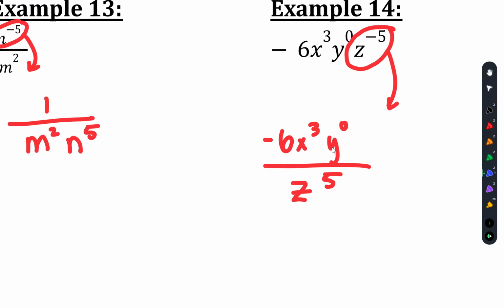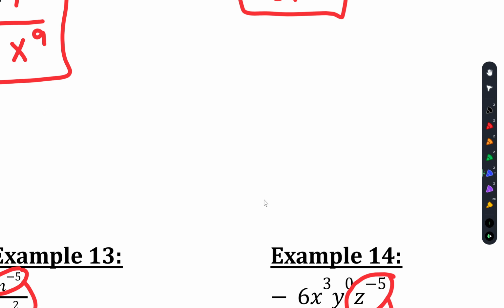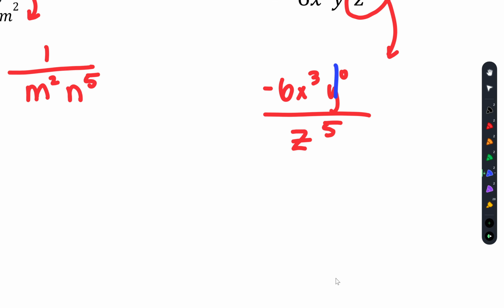Y to the 0th power is going to kind of just go away. Y to the 0th power is 1. This becomes 1, and it's kind of just going to go invisible. It's going to disappear. I no longer have to write it. So my final answer is negative 6 x to the third over z to the 5th.